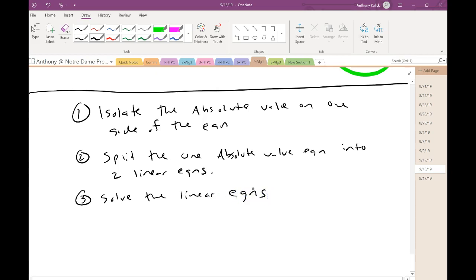After that, we're going to solve those two linear equations. And then our last step is to check our answers.